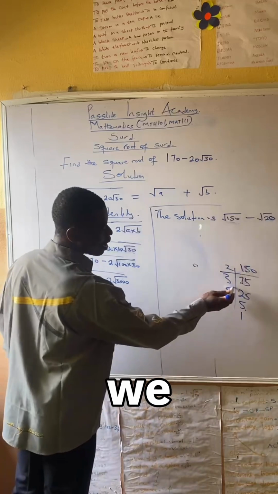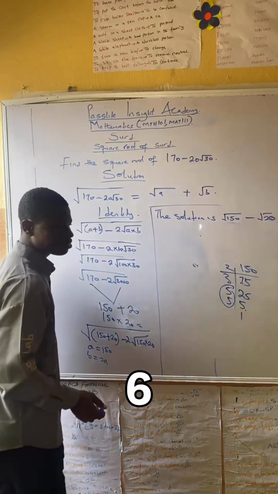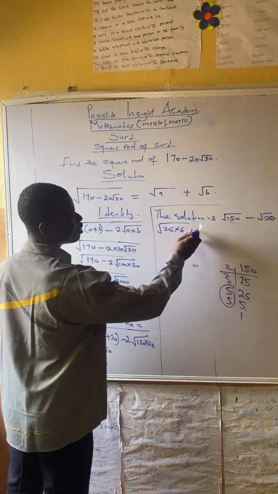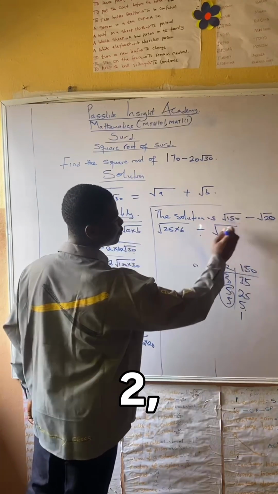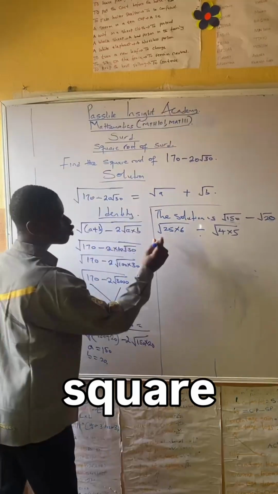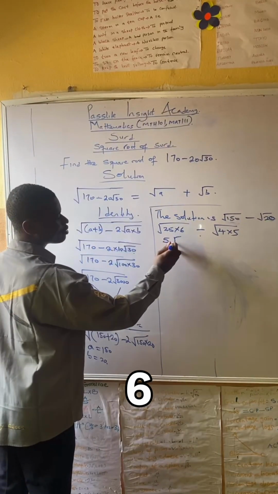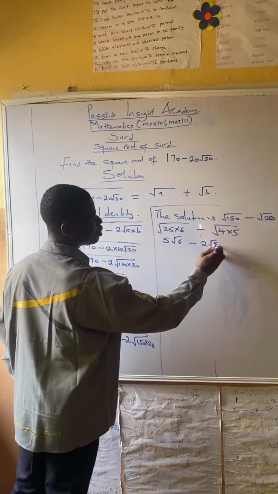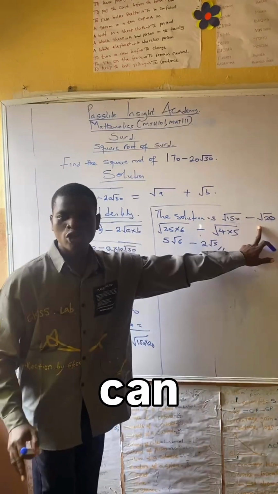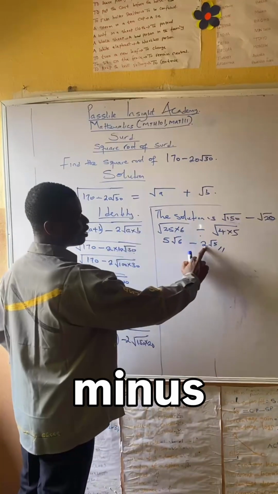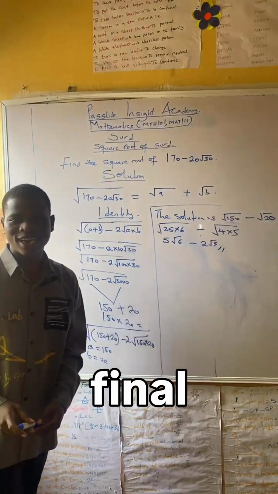So the only perfect square we have there is 25 times 6. So I can use that. 25 times 6, minus, and here 4 times 5. So the square root of 25 is 5 root 6, minus the square root of 4, which is 2 root 5. You can stop here. 5 root 6 minus 2 root 5 is your final answer.